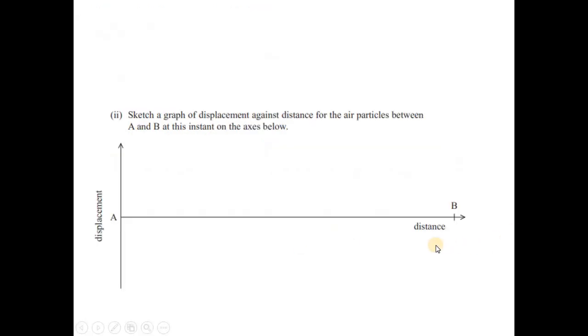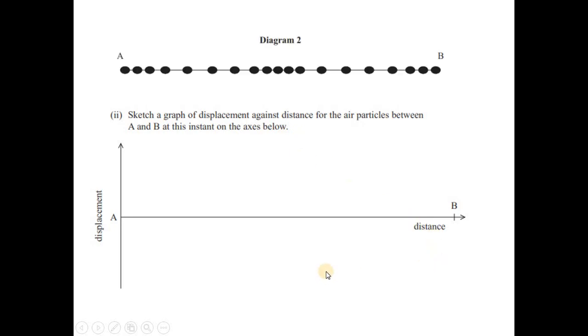Sketch a graph of displacement against distance for the air particles between A and B at this instant on the axis below. So you have the given diagram 2, and you need to sketch the displacement graph corresponding to this position. If you compare with a transverse wave, something like this is crest, trough, crest, trough.